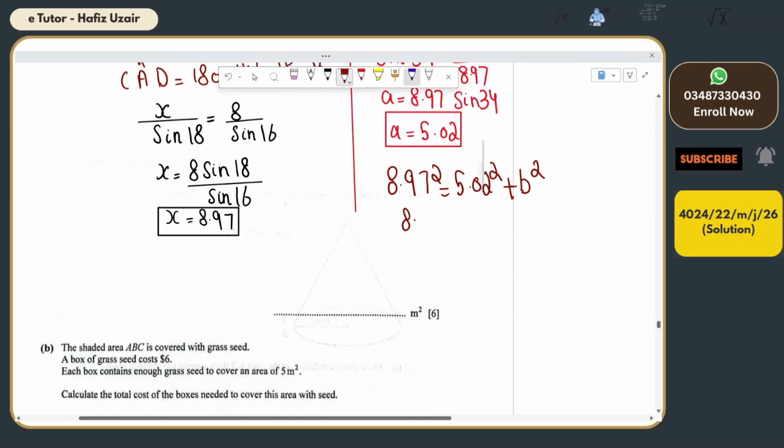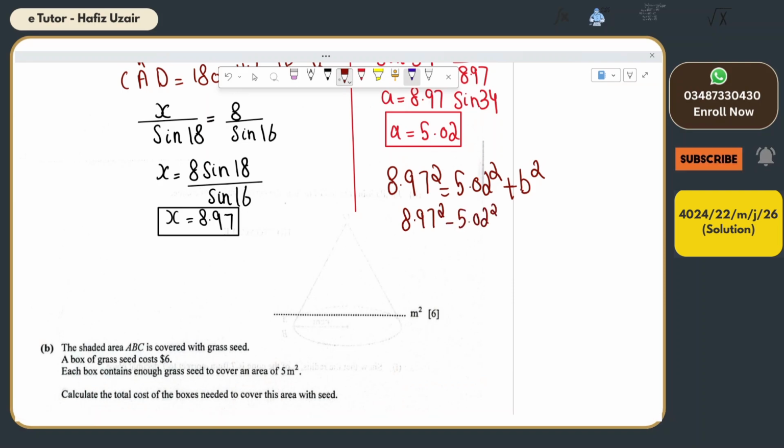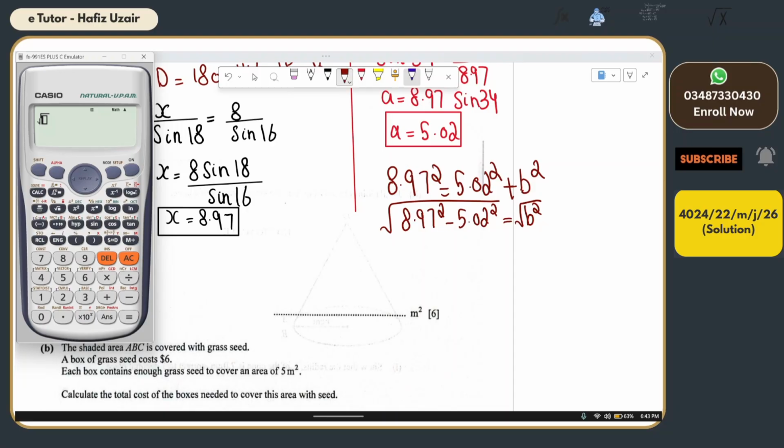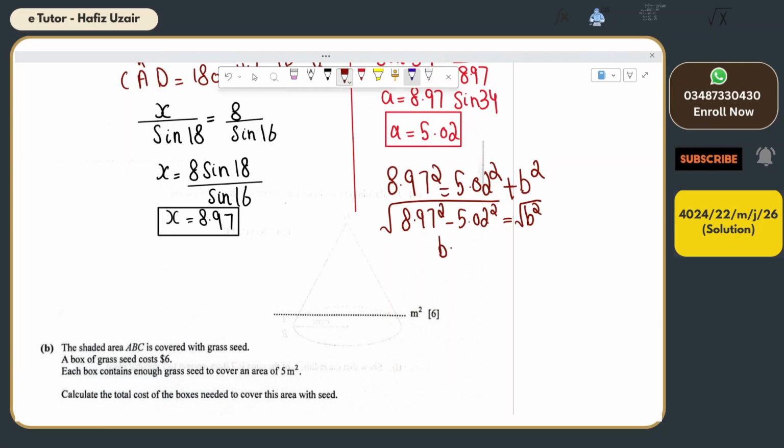So b is the square root of 8.97 squared minus 5.02 squared, and on the calculator this comes out to 7.43. So b will be equal to 7.43.